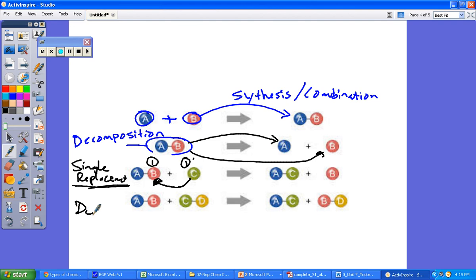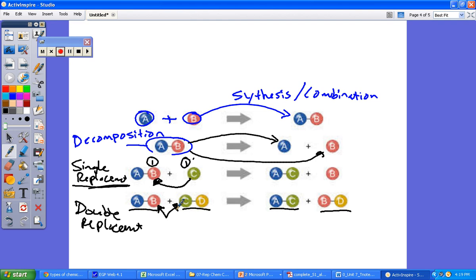Conversely, in the double replacement, you have two things that are exchanging. So in our start, we have AB here, we're going to have AC. We have CD here, we're going to have BD. So what that means is that we have these two exchanging parts in the formulas.